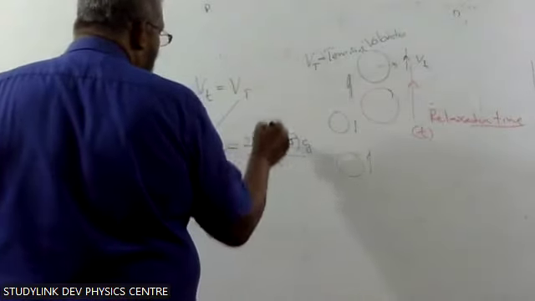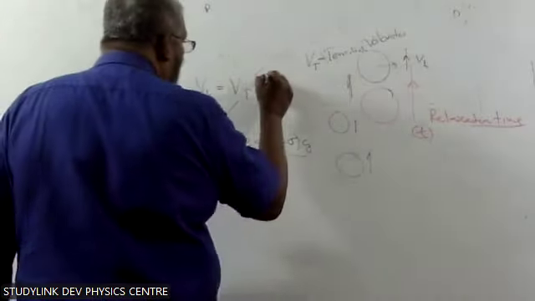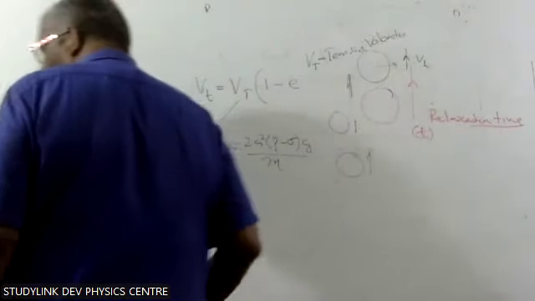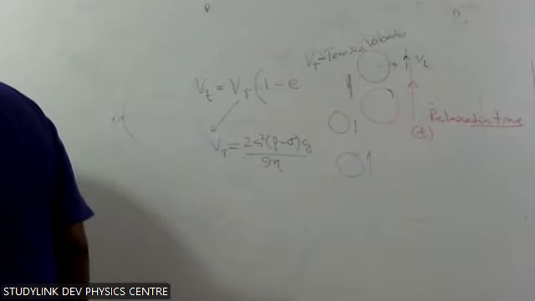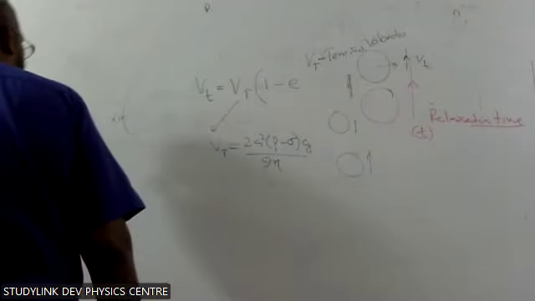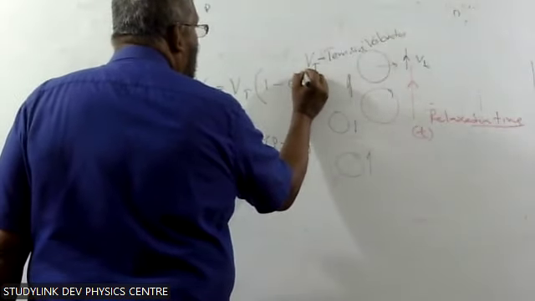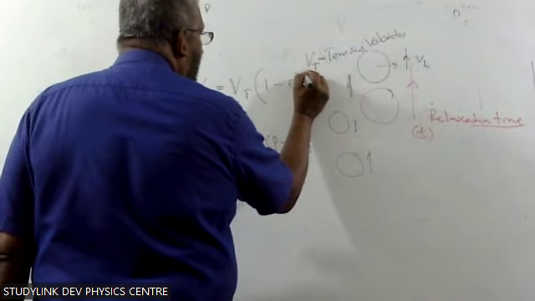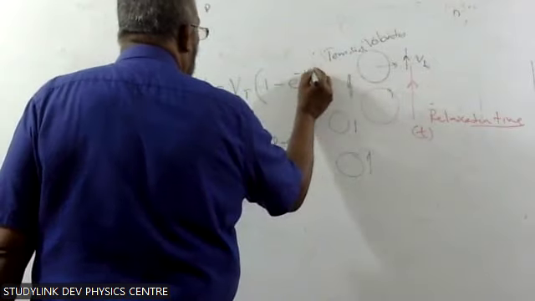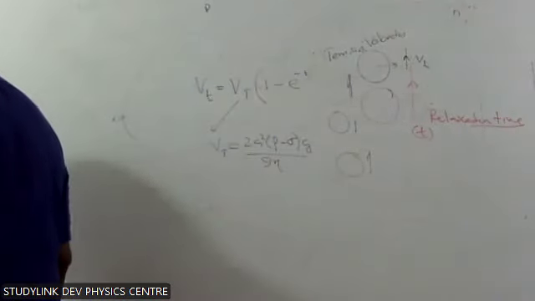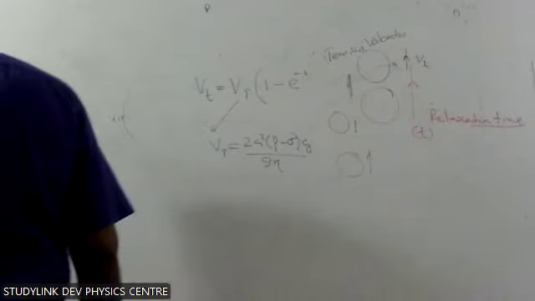Then, this is in the syllabus now. After that, this equation: 1 minus e to the power minus t over another T, that is sometimes we call tau.